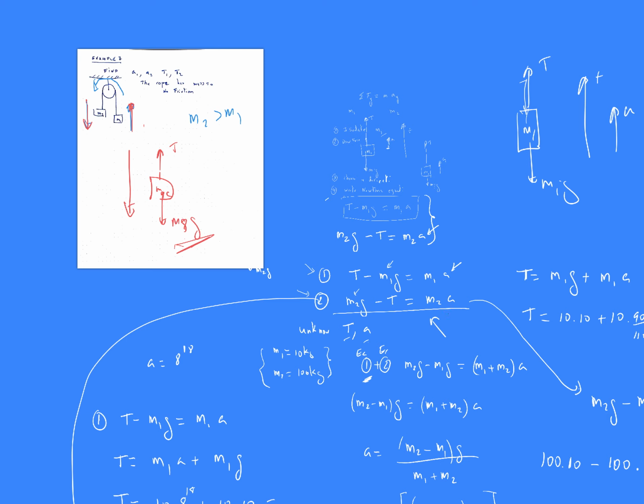Now, if I solve this system of two equations, I can find the unknowns. What are the unknowns? The tension, which is the same in each body, because I proved in problem one that if it's a very light rope, the tension will be the same. So the tension is one unknown and the acceleration is the other.